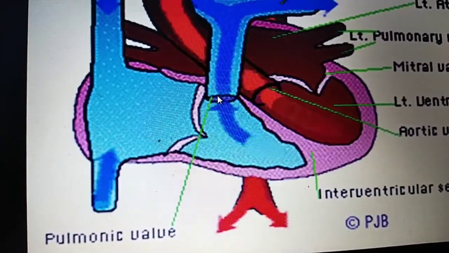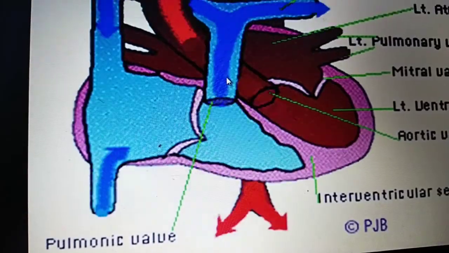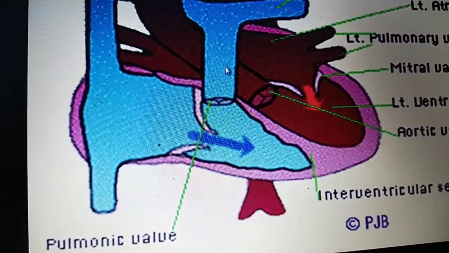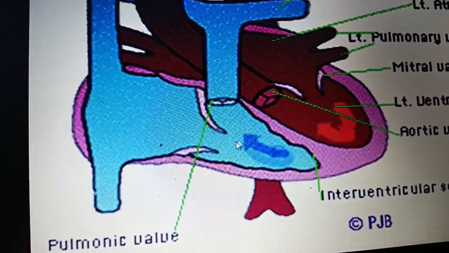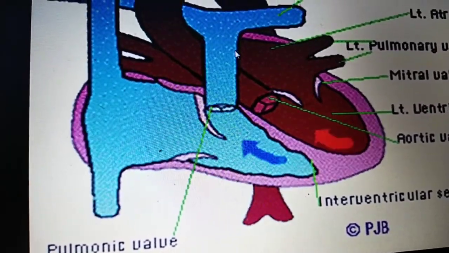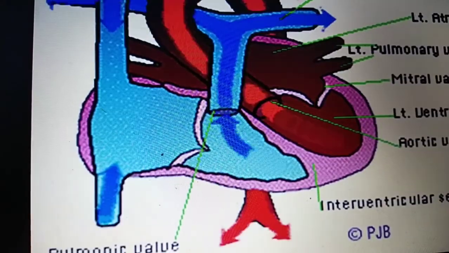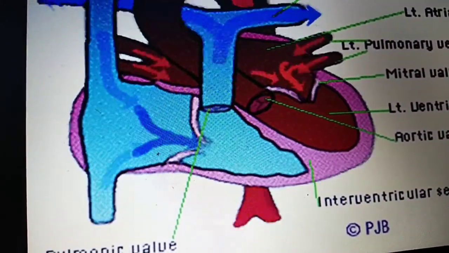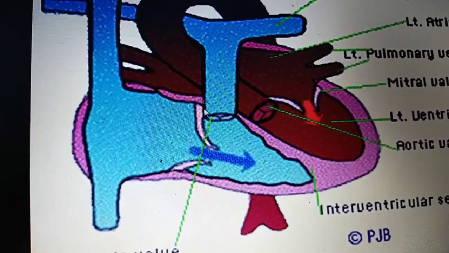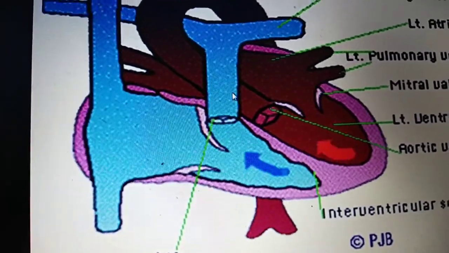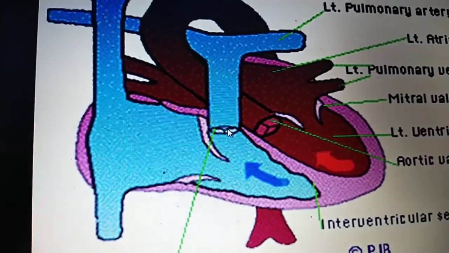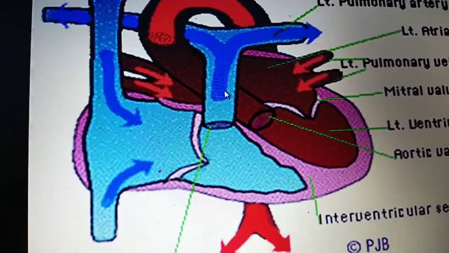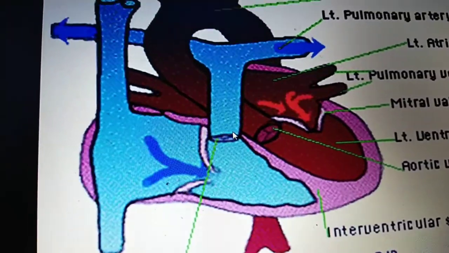This artery receives the deoxygenated blood from the right ventricle and delivers it to the lungs for gas exchange to take place.